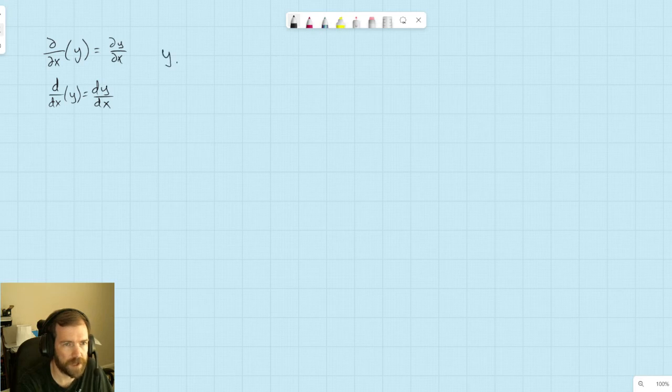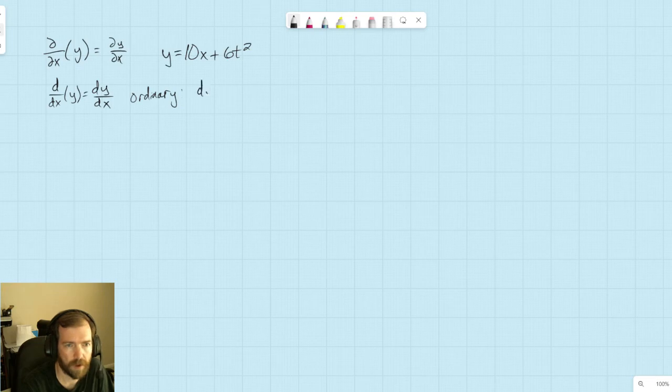But if you say that y is equal to 10x plus 6t squared, then in an ordinary derivative, your dy dx would end up becoming 10 plus 12t times dt dx.